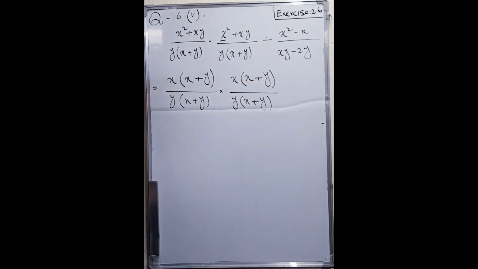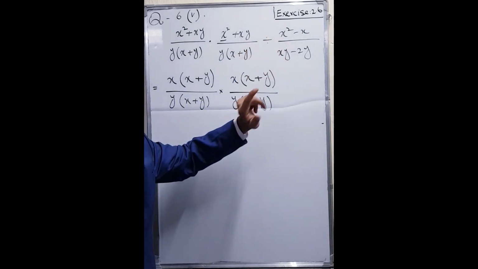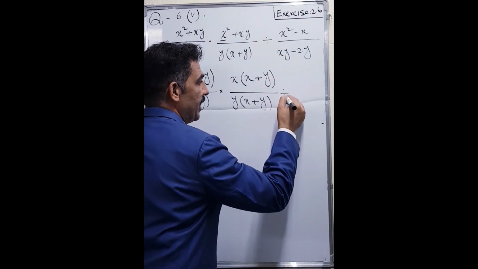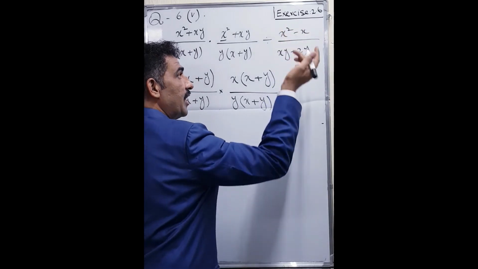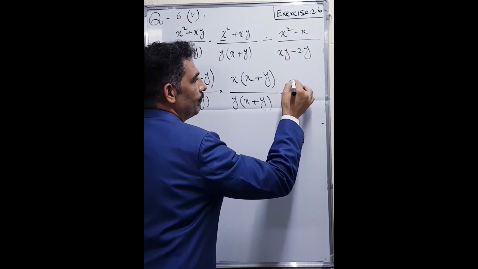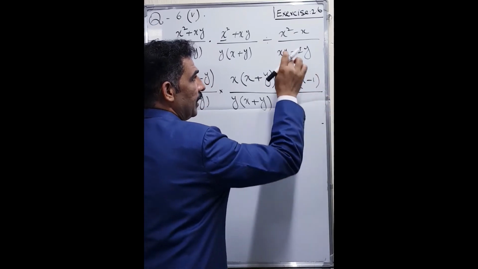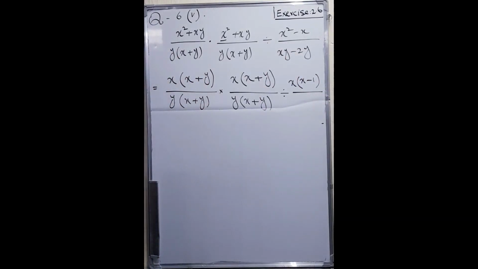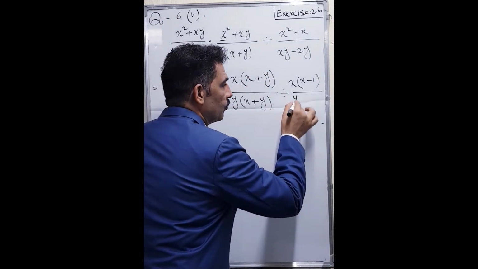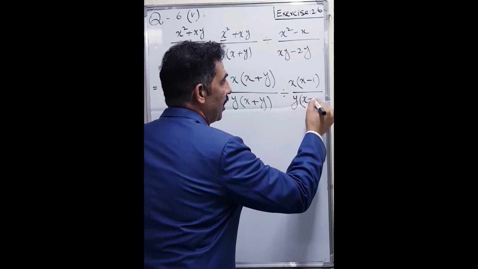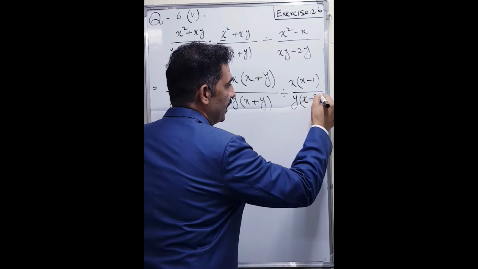This is the sign of division. If you want to change the sign into multiplication, you have to take the reciprocal, but we will change the division sign in the next step. What is common? Again x is common. So x minus 1. And in the denominator y is common, so we write y into x minus 2 inside the bracket.